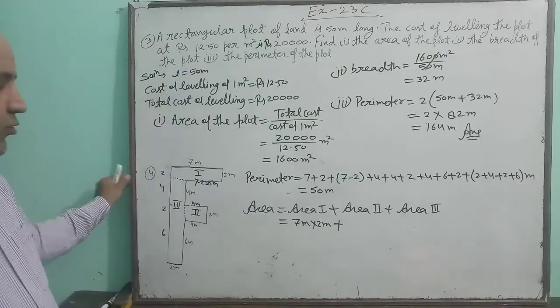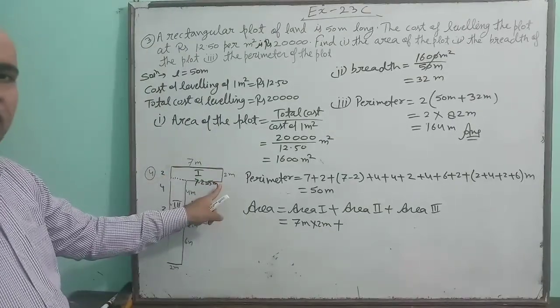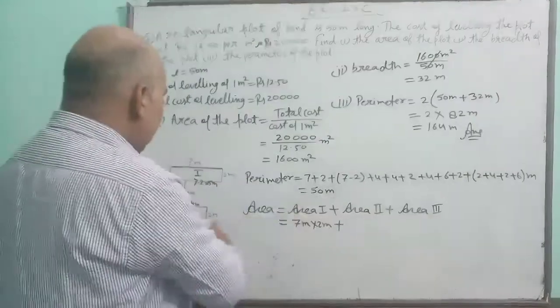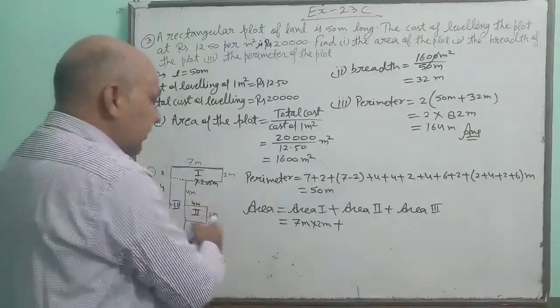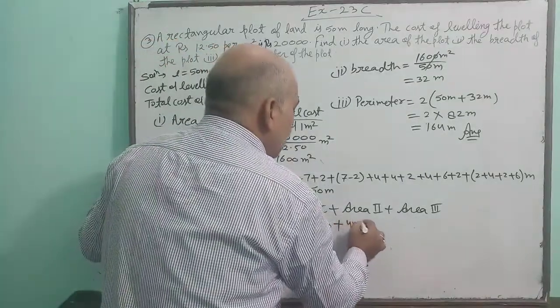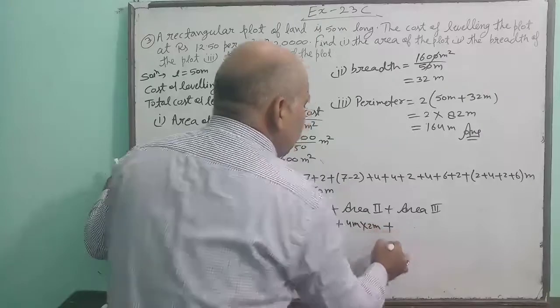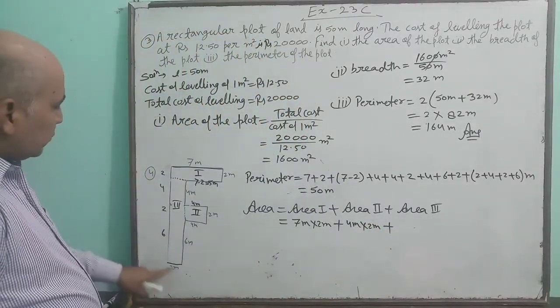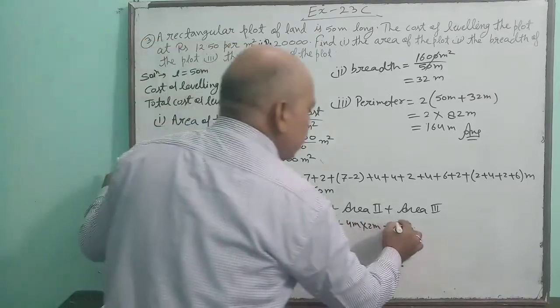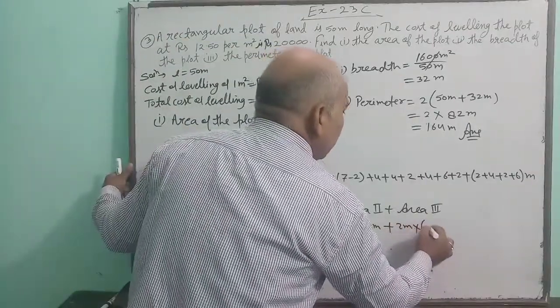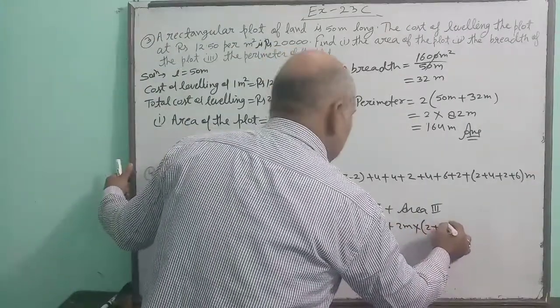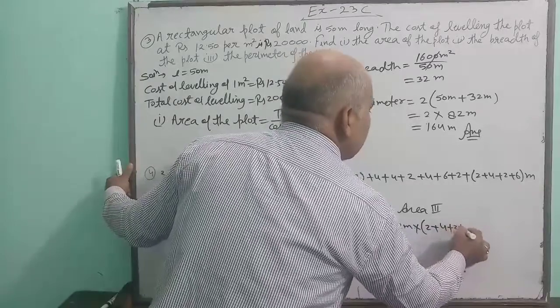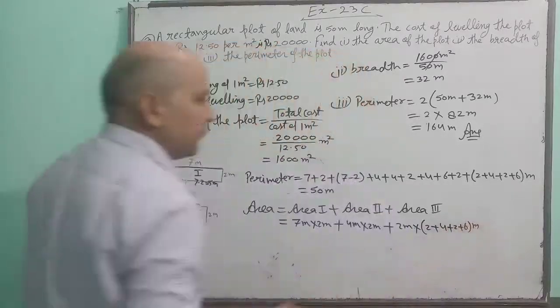Is this point understood? Length is 7, breadth is 2. Okay. Area of second is length is 4, breadth is 2. So 4 meter into 2 meter. Plus area of third is 2 into sum of these. 2 meter into 2 plus 4 plus 2 plus 6 meter.